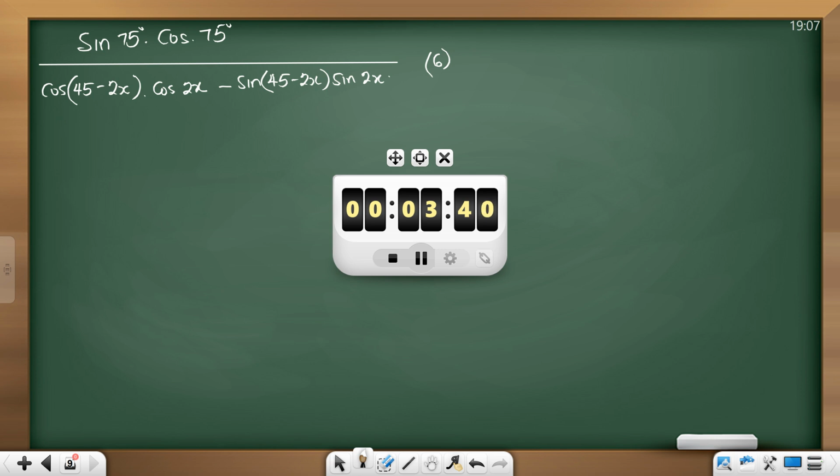Cos, open bracket, 2 of x, 45 minus 2x, close bracket minus 2x. Minus. Check the formula. It is cos A cos B minus sine A sine B. Root 2 over 2. Okay, we'll see. I don't know what the answer is.